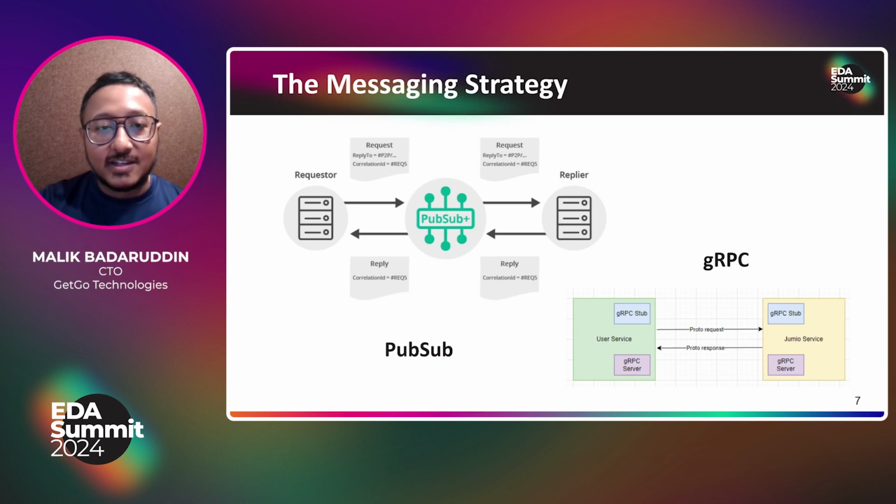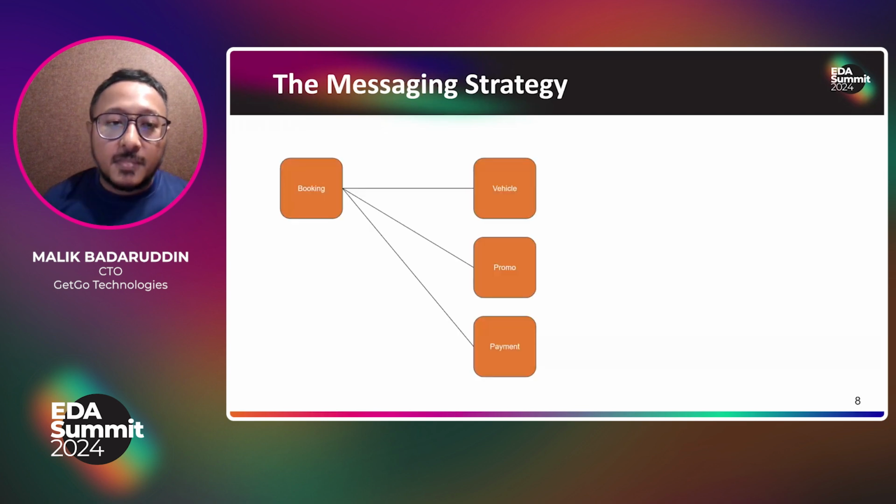I can go slightly deeper into this and into where these architectures exist. This is a typical service that we have, one of the most critical services that we have. Of course, booking is one of the main functions.